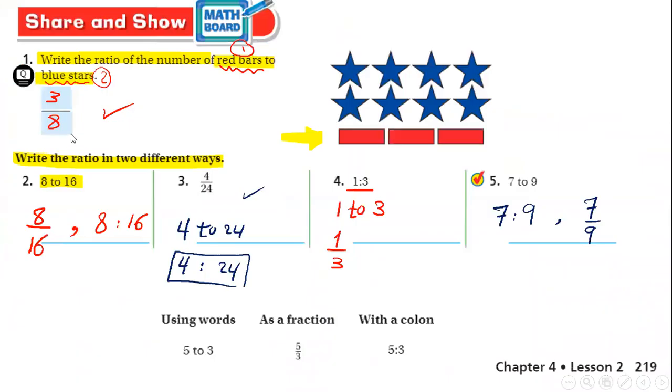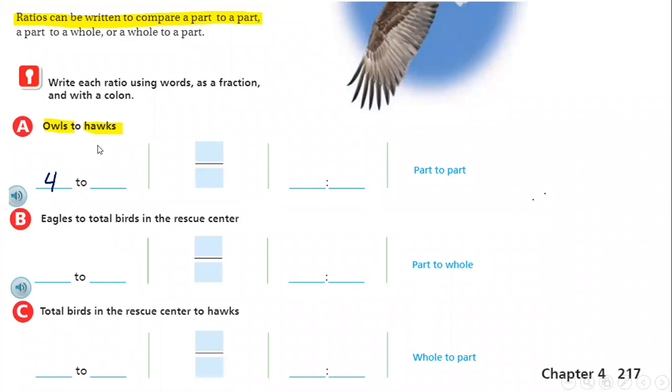I'm talking about owls and hawks. Okay? 5 and 2. Okay, this is the first way. And the second way, what should I write as a fraction? 5 over 2. And the third way, 5 to 2. This is called part to part.